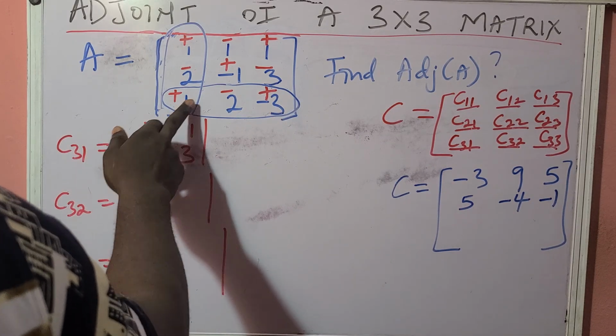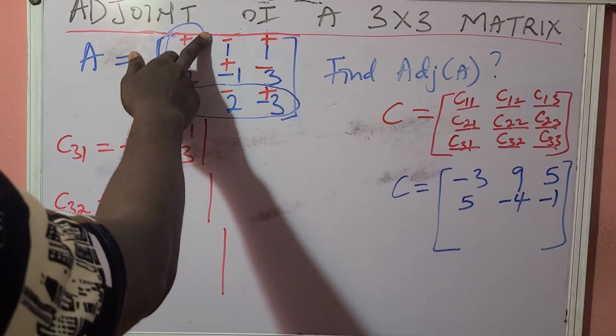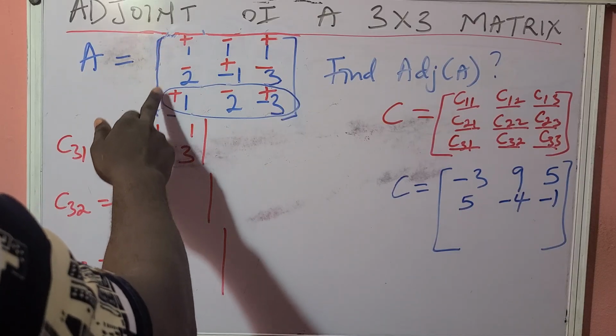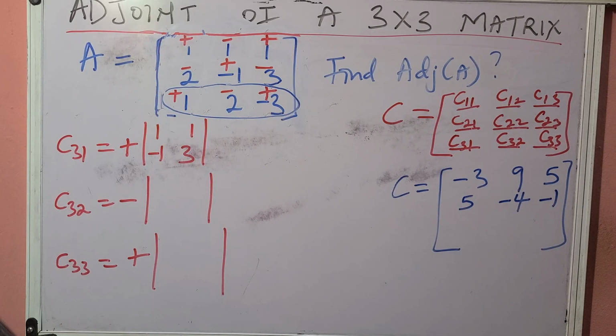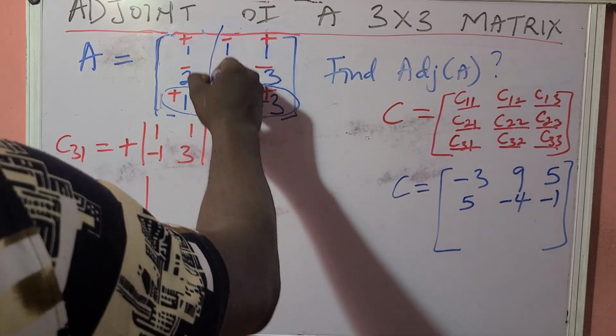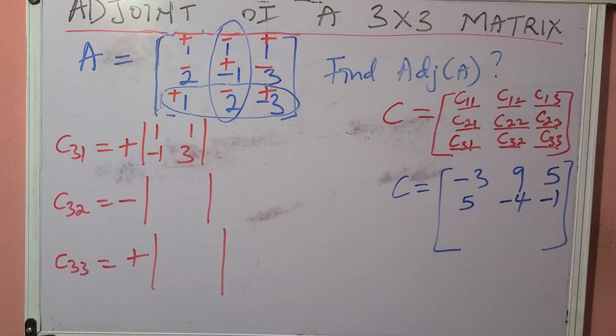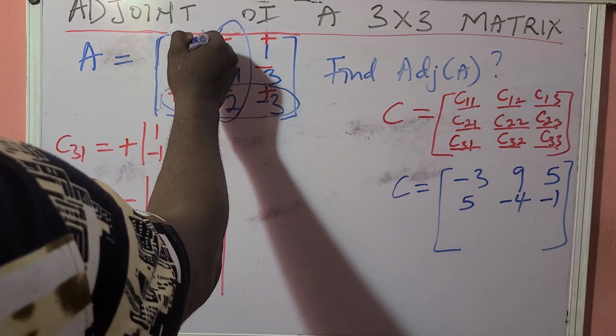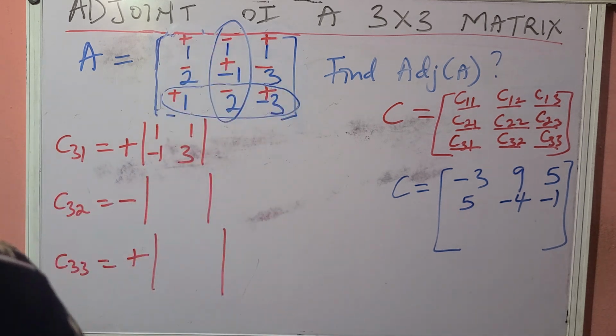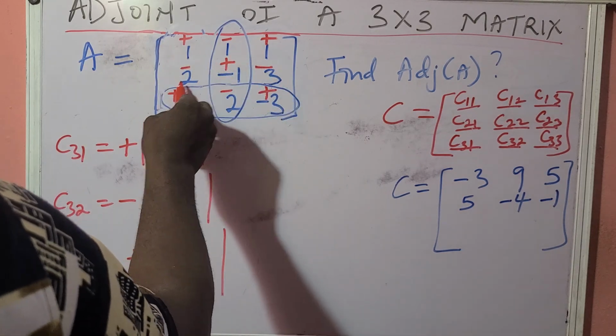So the next thing to do is C32. For C32, we'll be shorting off row 3 and column 2. You guessed right. So we're shorting off column 2. So you can see we'll be left with 1, 1, 1, 1, 2, 3.